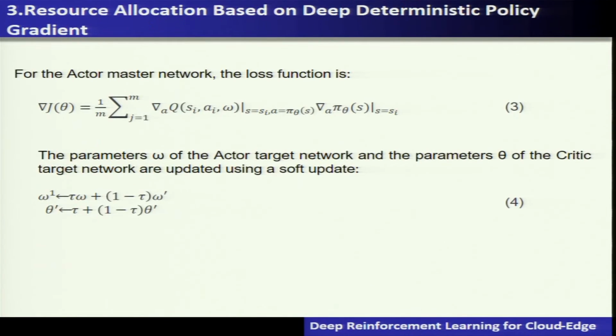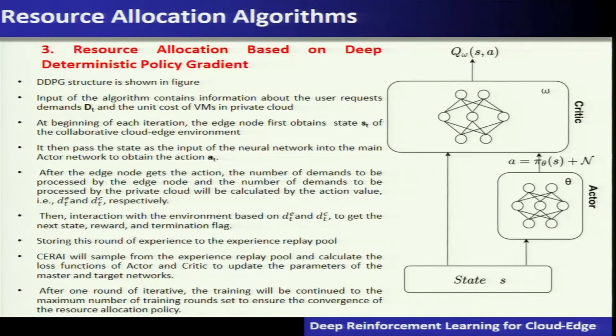There are 2 networks used, one of which is called the target network. So we have the actor network and actor target network, similarly the critic network and critic target network. Finally, the actor target network and critic target network are updated, and these updates are shown over here.